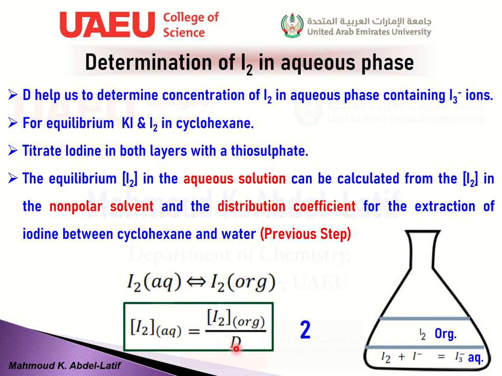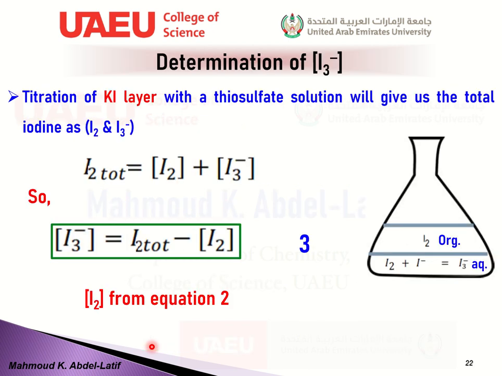So we have already determined the distribution constant, and the concentration of iodine in the organic phase is just titrated with thiosulfate. So we can calculate the iodine in equilibrium with it in the aqueous one. And this is the first term in our equilibrium expression.